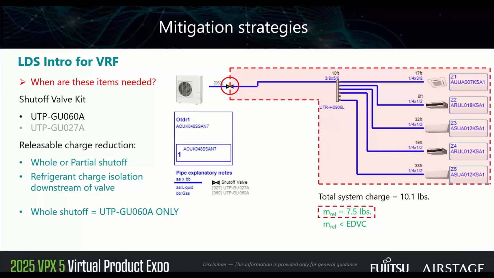So if you're isolating all of the indoor units, effectively your releasable charge reduction is going to be potentially minimal by comparison. But that may be all you need. Perhaps you may be only half a pound or 1 pound or maybe 2 pounds from having your charge compliant for your system. So in this case, we see the total system charge of 10 pounds, 10.1. And using this approach, we can drop it by about 2.5 pounds to 7.5 pounds.